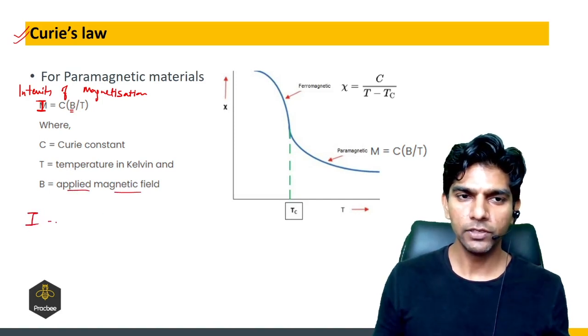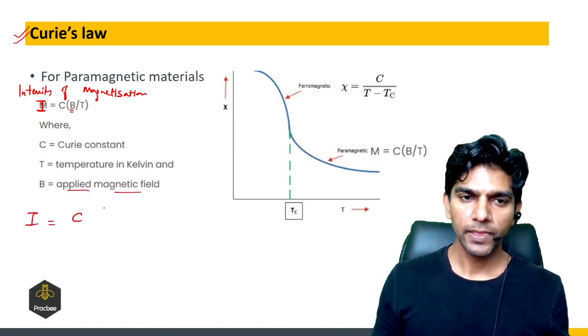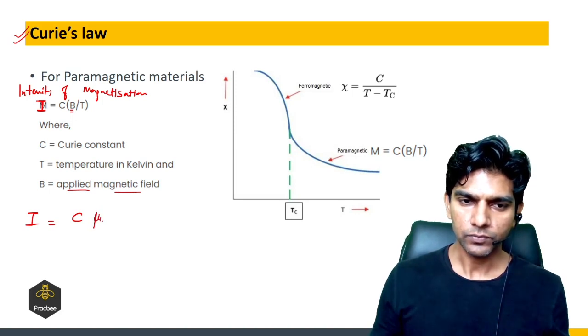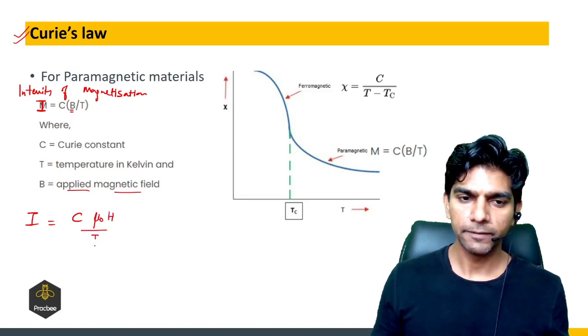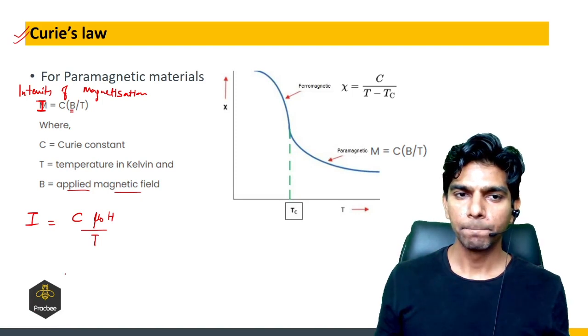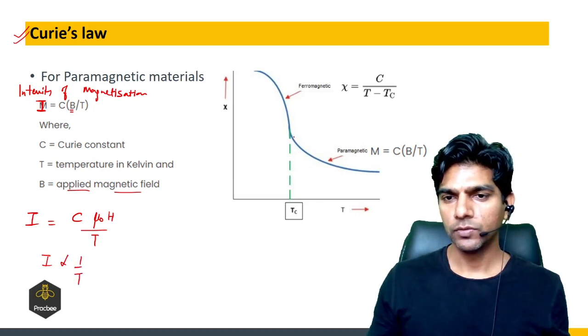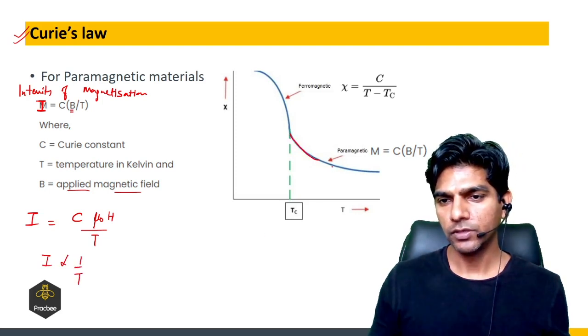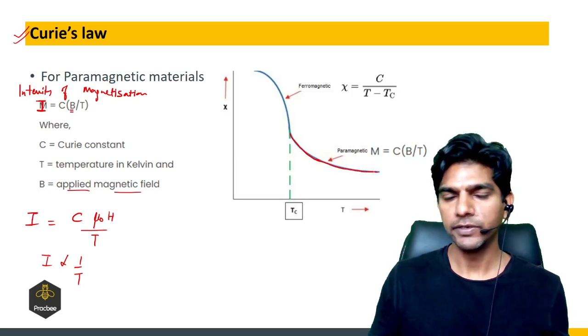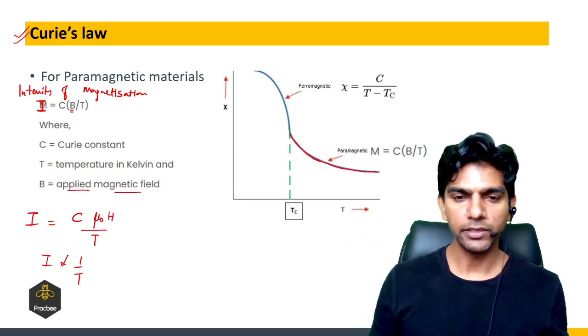So we can say I equals C times B by T, where C is the Curie constant and B is mu naught times H. You can remember this formula, where I is inversely proportional to the temperature. This is the graph for paramagnetic material with temperature. So it decreases with increase in temperature.